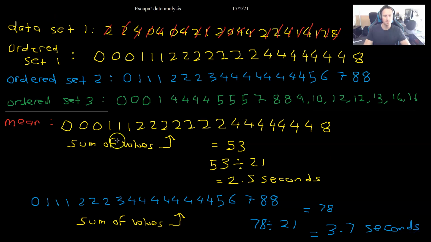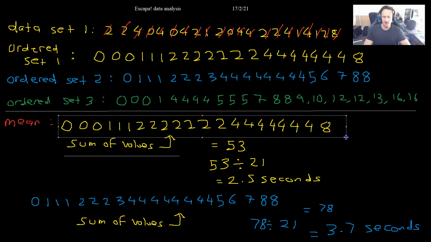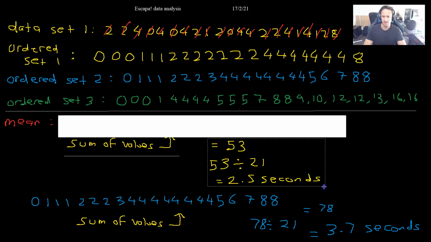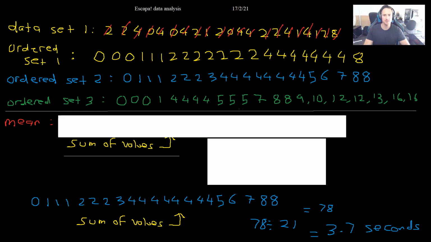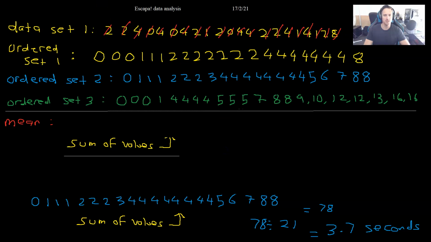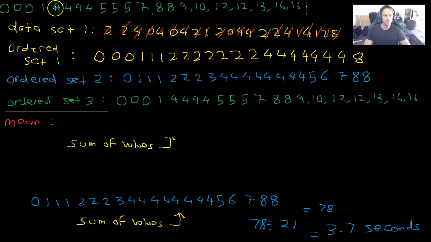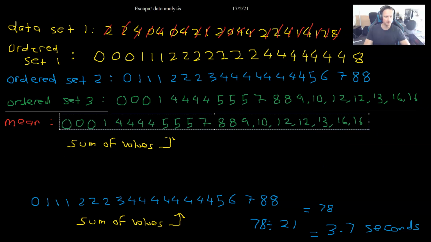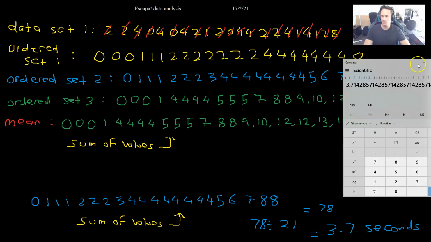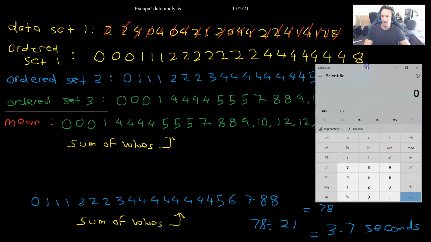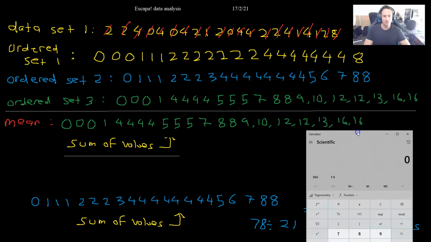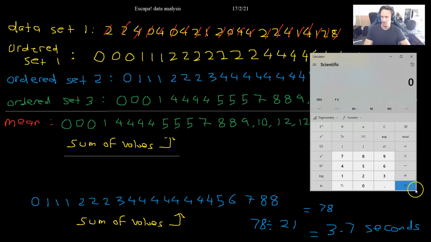Okay. So we'll do data set 3 now, and I'll just remove data set 1 just to give myself space, which won't be an issue in your book. So data set 3, we'll calculate the sum of the values once again. So we'll clear my calculator and we'll do the green ones now. So we'll just make this a little bit smaller.